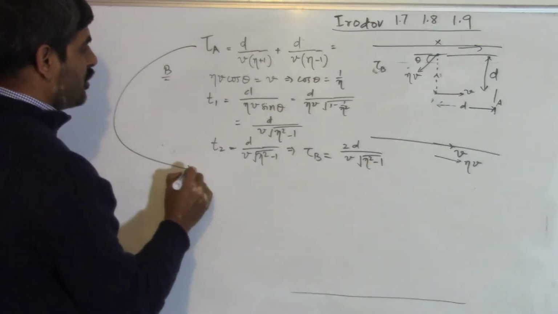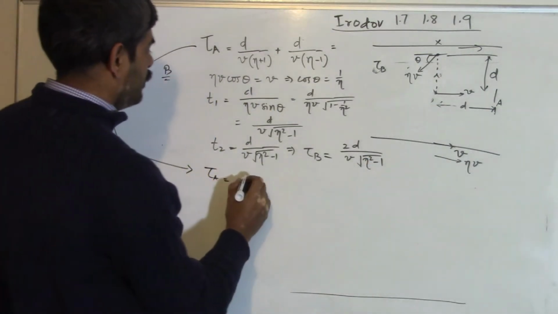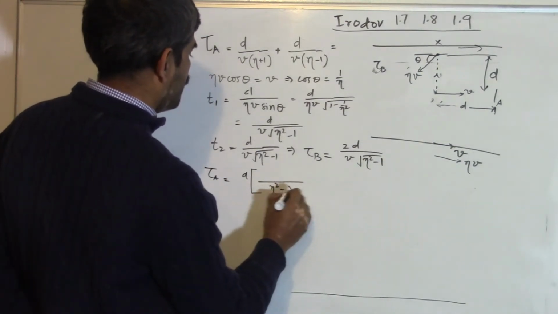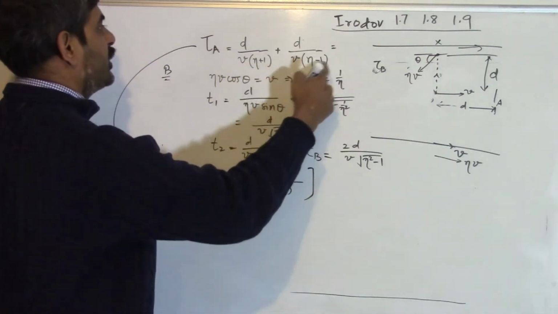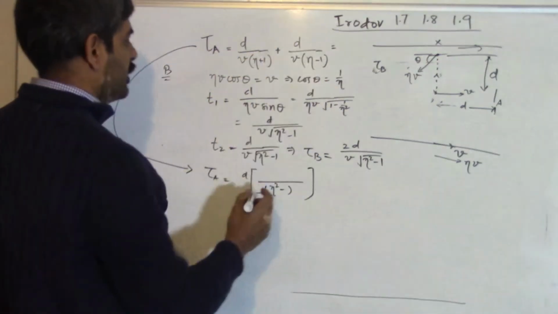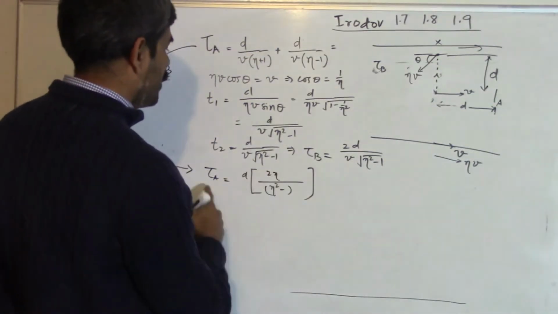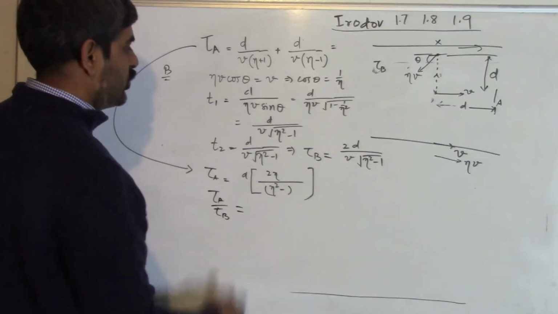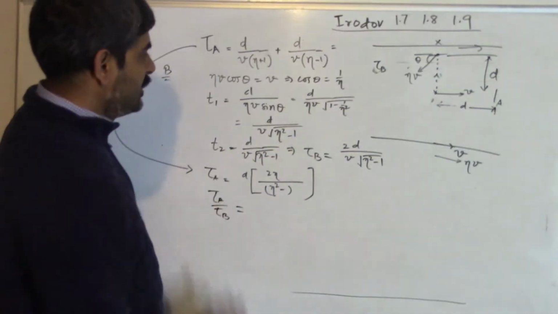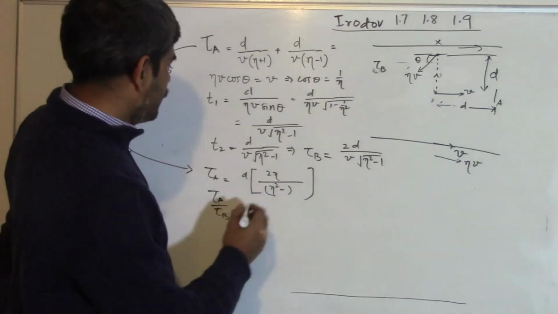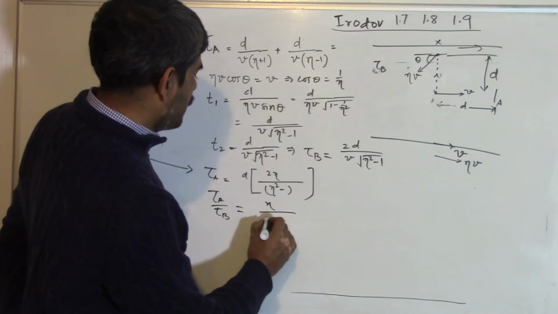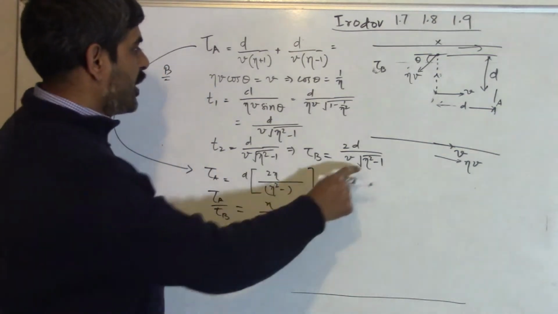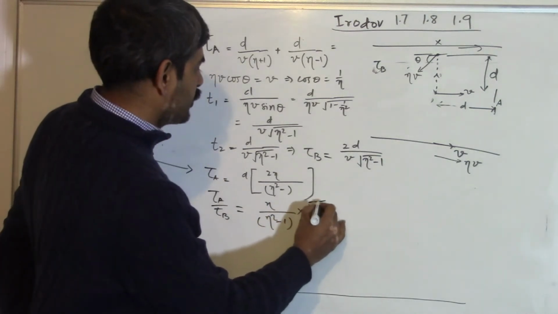Let's simplify this τA. τA is equal to d multiplied by η plus 1 and η minus 1 combined, which gives η squared minus 1, and with the η plus 1 and η minus 1 terms, that will be 2η. Now τA divided by τB will be equal to, 2 cancels, d cancels, so we get η divided by η squared minus 1, multiplied by the square root of η squared minus 1.